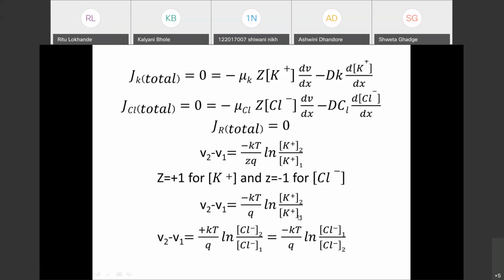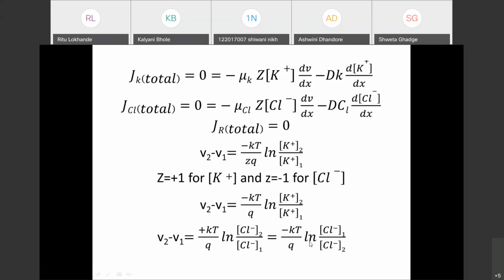Similarly we can write the equation for Cl minus, substituting z equal to minus 1. So for Cl minus it becomes minus times minus upon minus, so it becomes plus kT upon q log of this for Cl minus.